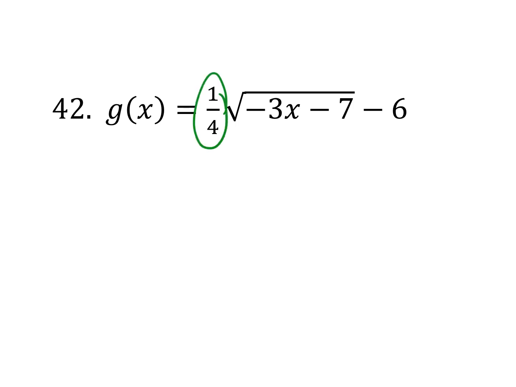So what does multiplying by 1/4 on the outside do to our graph? Vertical shrink, awesome. What about multiplying by a negative on the inside? Reflection on the y. What about multiplying by 3 on the inside?